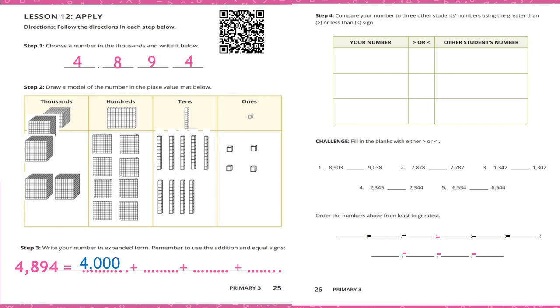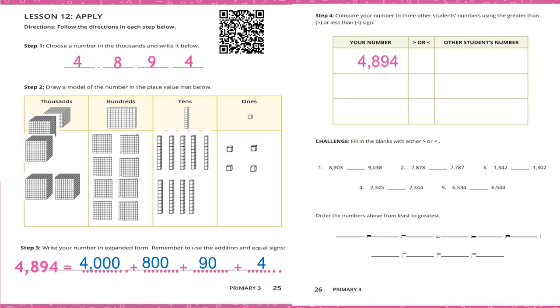Then hundreds. How many hundreds do we have? 8 hundreds. So we will write 8, and how many zeros will we put? We will put 800, 2 zeros, okay? How many tens do we have? 9 tens. So the value of 9 in tens is 90. And then 4 in ones as it is.